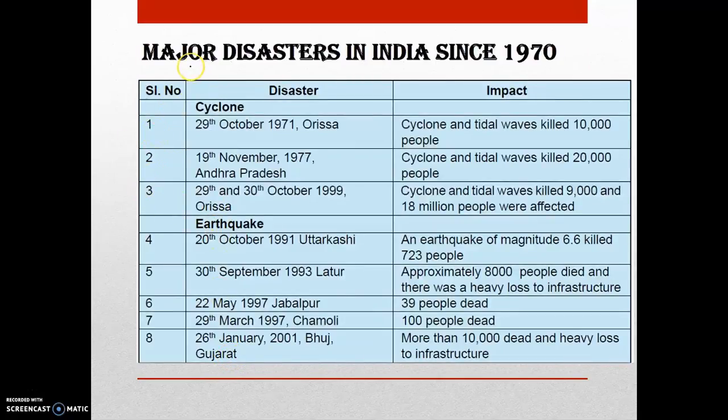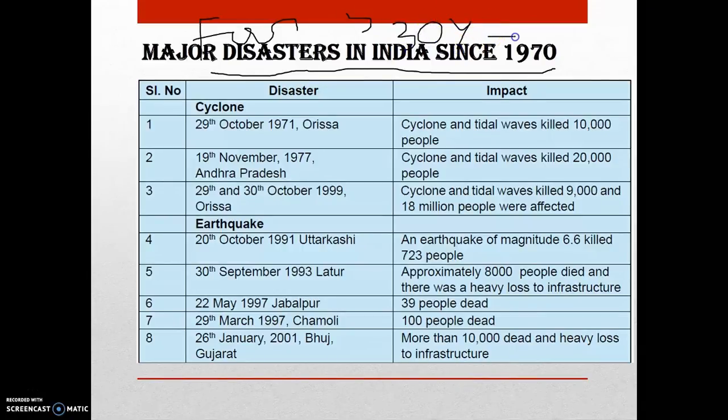These are the major disasters in India since 1970. For the last 30 years, there have been 431 major disasters.